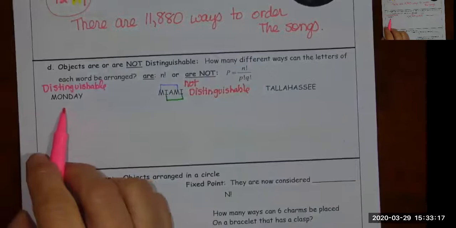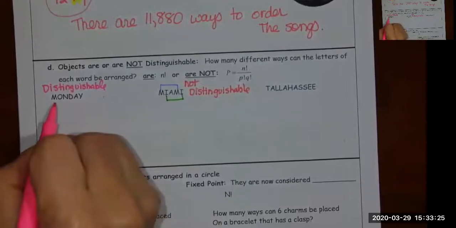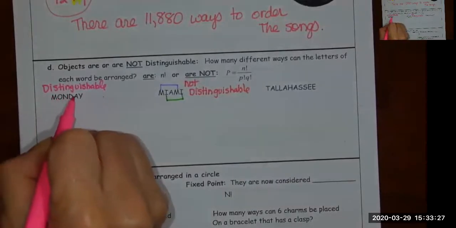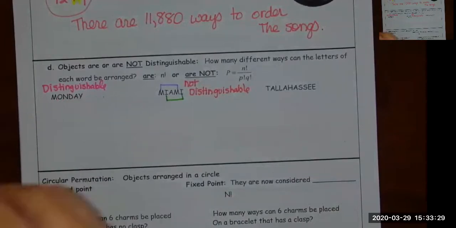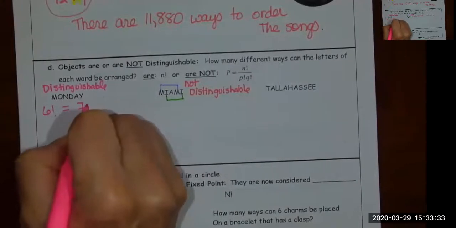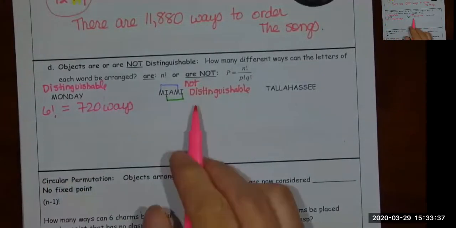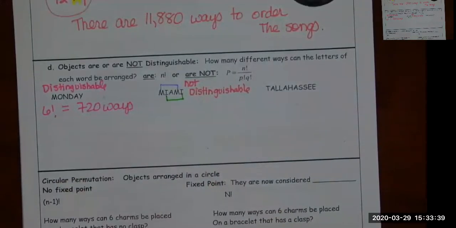Okay, so if they're distinguishable, then I can just do what we did in our very first example yesterday and say, okay, there's 1, 2, 3, 4, 5, 6. There's 6 letters, so 6 factorial equals 720 ways, right? Now this one, they are not distinguishable.